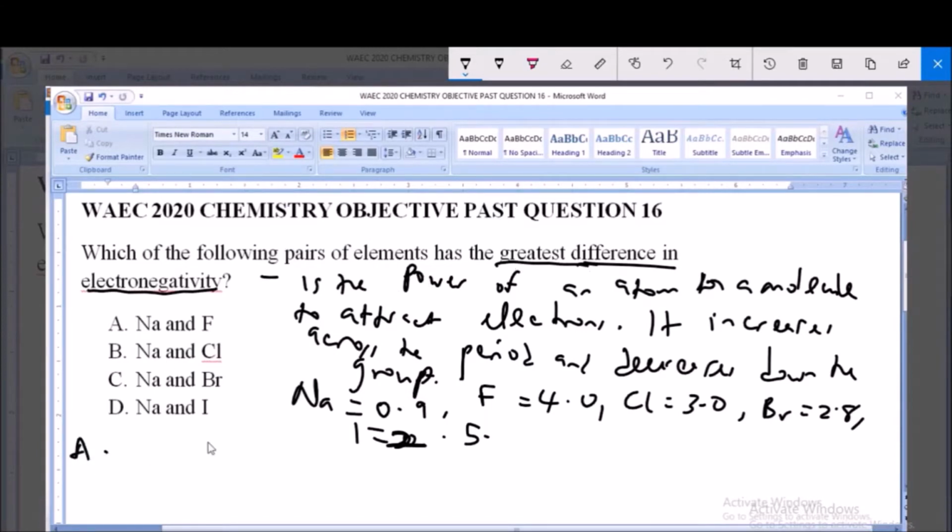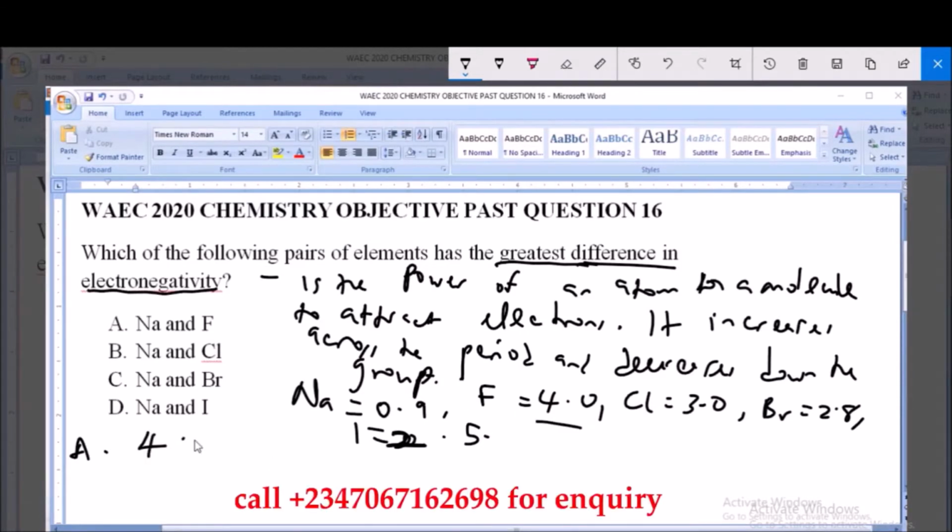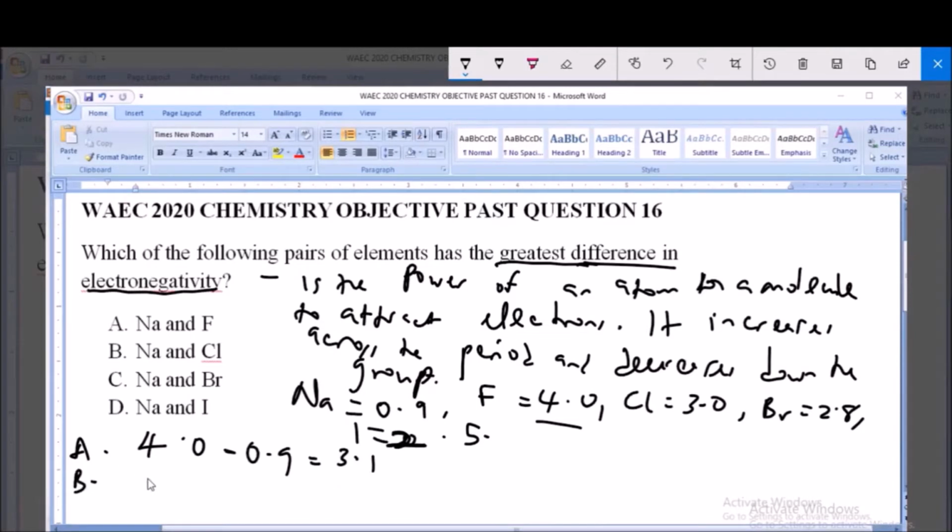For option A, sodium and fluorine, that is fluorine 4.0 minus sodium 0.9 equals 3.1. Option B, sodium and chlorine: chlorine 3.0 minus sodium 0.9 equals 2.1.